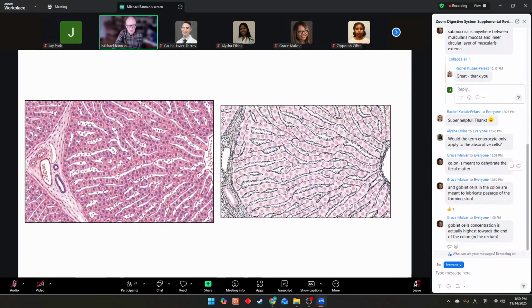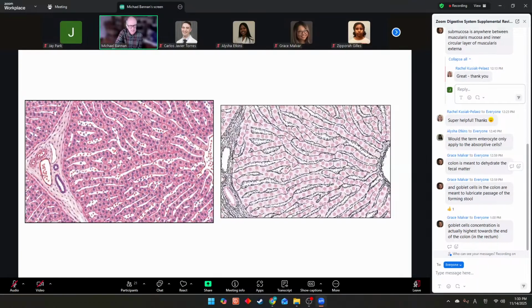This illustration shows the portal triad on the left, the central vein or terminal hepatic venule on the right, and the radiating cords of hepatocytes between them. The other structure that is visualized here nicely is that there is a space between the cords of hepatocytes that, as you can see, contains red blood cells.